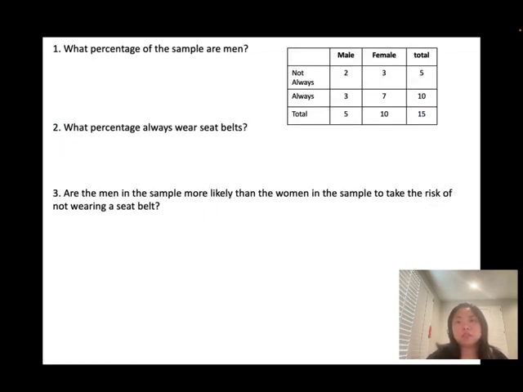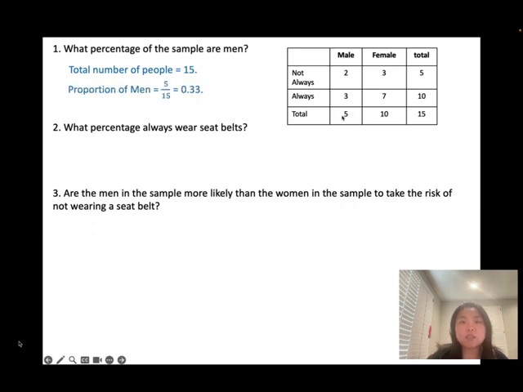Based on this two-way table example, I want you to try to answer these questions. I'm going to do the first one for you. What percentage of the sample are men? They're talking about the percentage. First, the total number of people is 15. This is the grand total. Then look at how many males there are: we have 5 males.